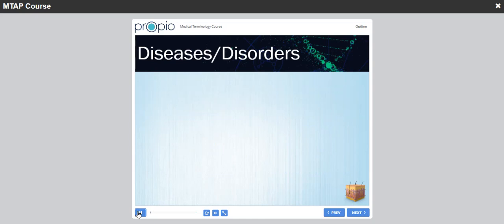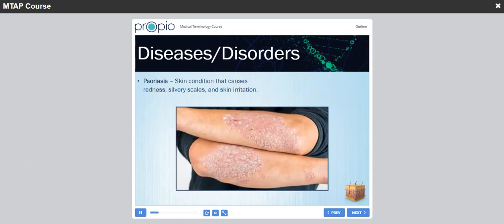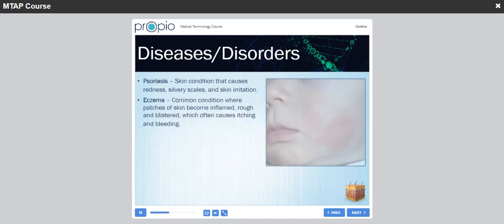Psoriasis is a skin condition that causes redness, silvery scales, and skin irritation. Eczema. It's a common condition where patches of skin become inflamed, rough and blistered, which often causes itching and bleeding.